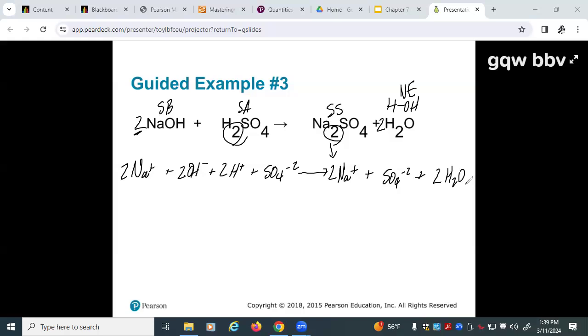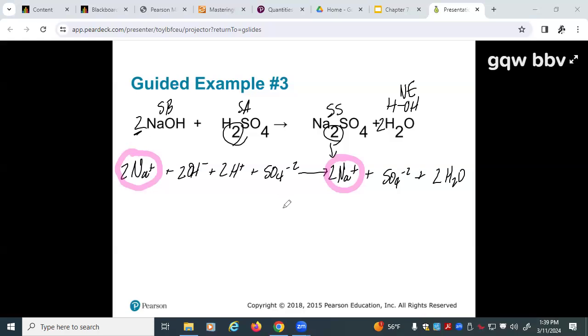Let's turn it into a net. To turn it into a net, I need to identify spectators. Can anyone give me an example of a spectator here? What's one of the ions that's not doing anything? Sodium. Yeah. Sodium's on both sides, didn't participate.